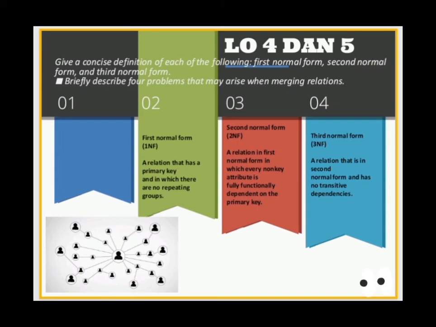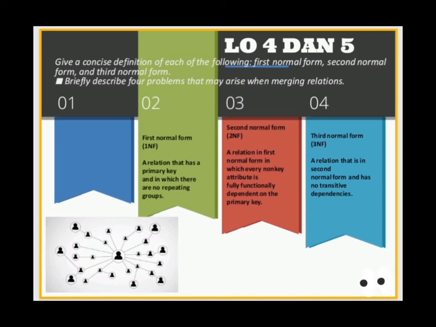Normal form means a state of a relation that requires that certain relationships between attributes, or functional dependencies, are satisfied.